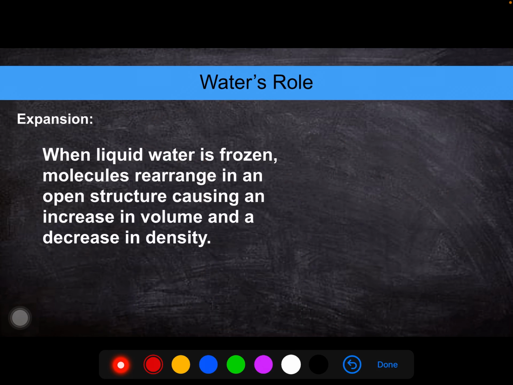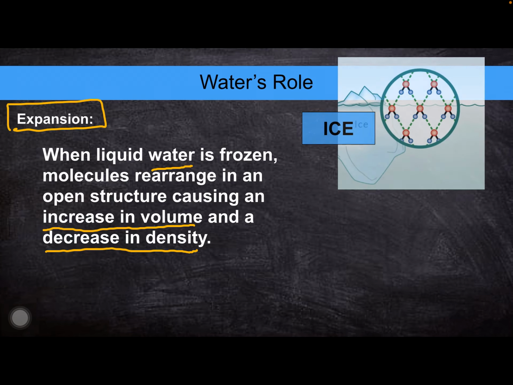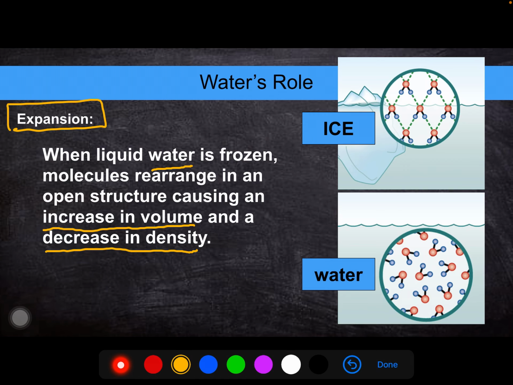Our second thing we're thinking about here is this idea of expansion. As water is frozen and converts to ice, we see two very different property changes, one having to do with volume and one having to do with density. Water in its natural state is, like most liquids, a medium density, right?